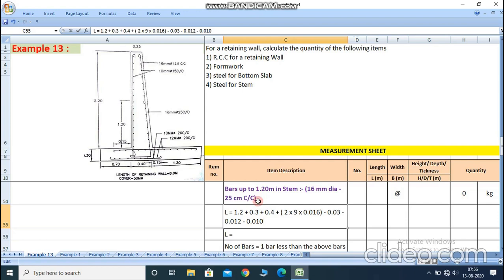So the total length we find is 2.11 meter.